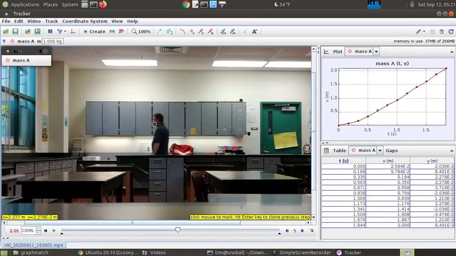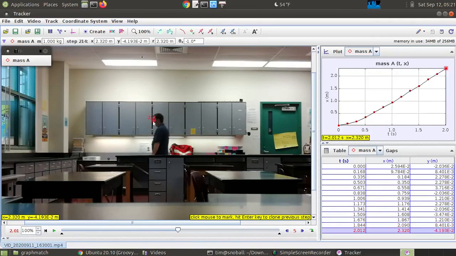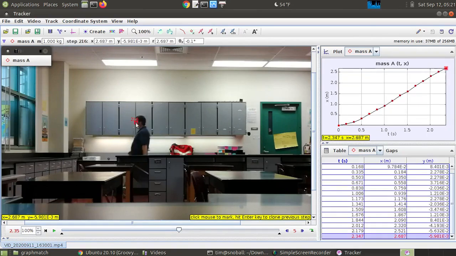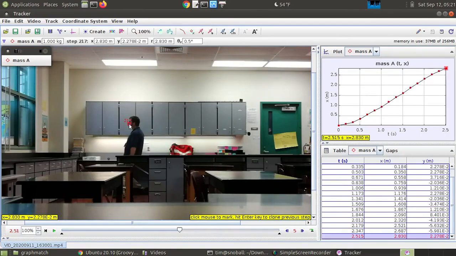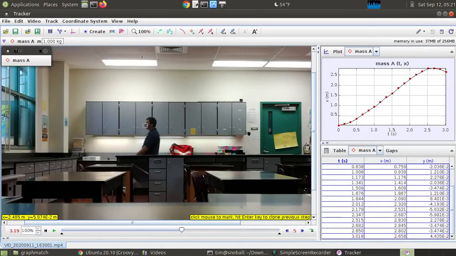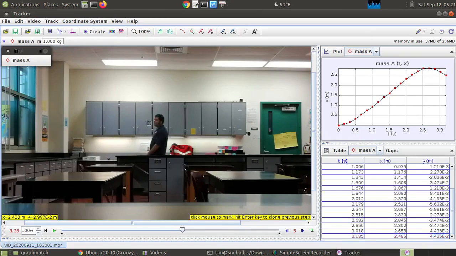So far it's looking pretty linear, which means I'm moving at a constant velocity. But as you know, that changes. So now I'm moving backwards, and look what's happening to the graph.